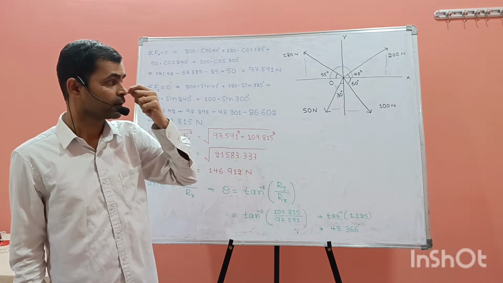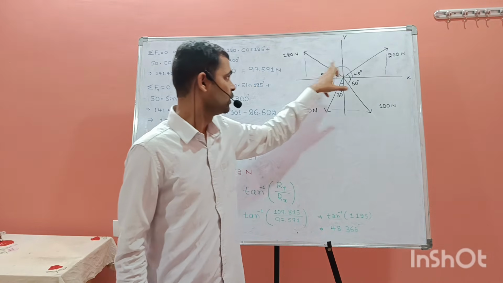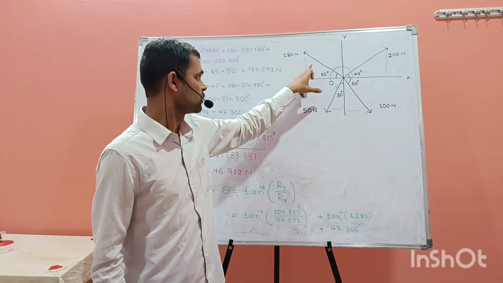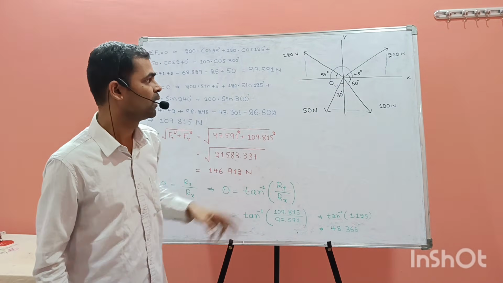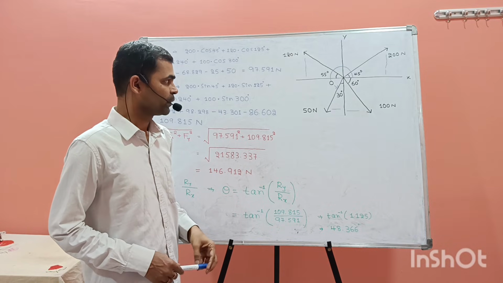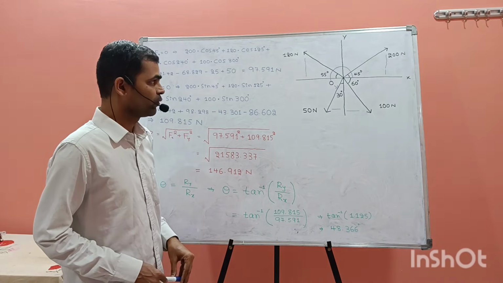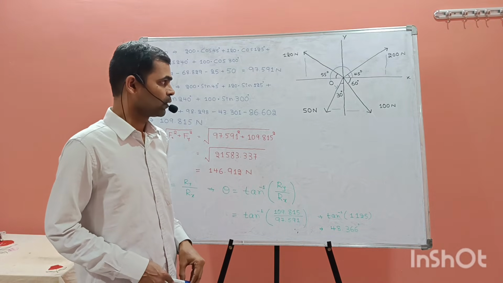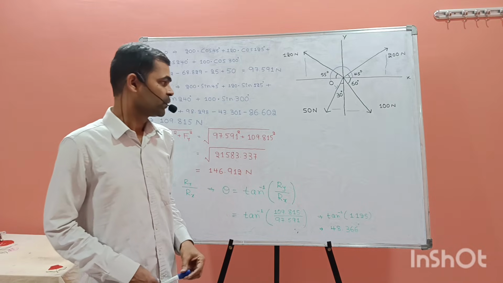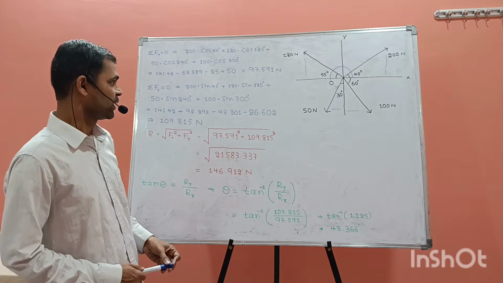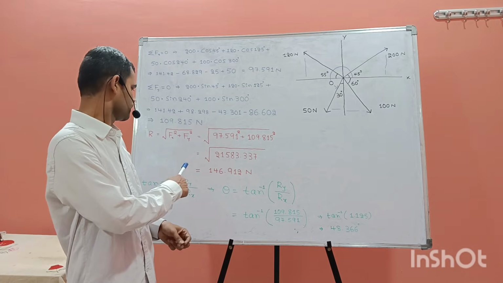Another method is to take the x component and y component for all the forces 1, 2, 3, 4, and then take equilibrium of x and y, so that we can find the resultant forces in the x and y direction, and the final resultant force.